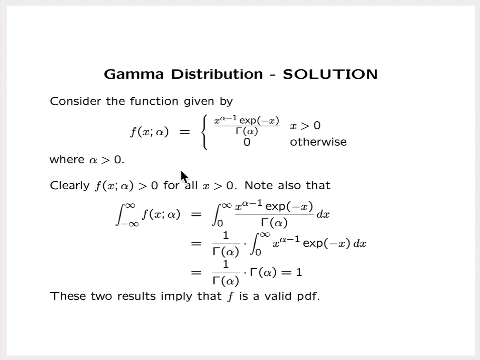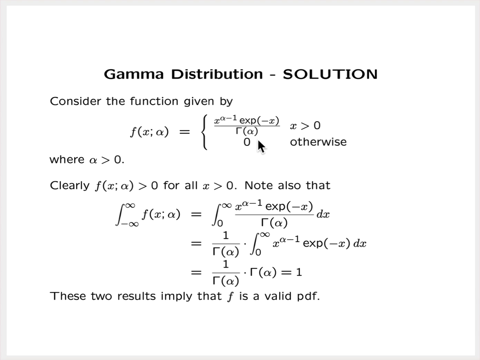Now, clearly, this function is greater than 0 for all values of x greater than 0. We know that when x is positive, then x raised to the alpha minus 1 will also be positive. The exponential function is always positive. And the denominator, when we talked about the gamma function, we argued that it is positive as well.